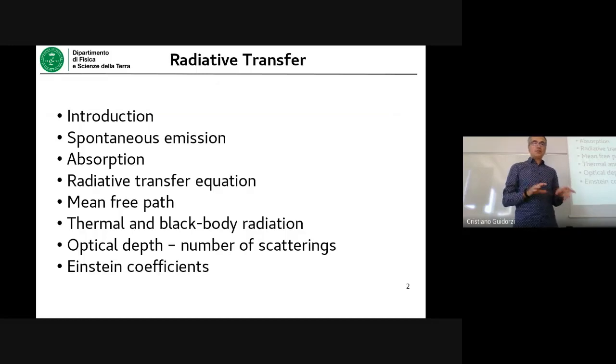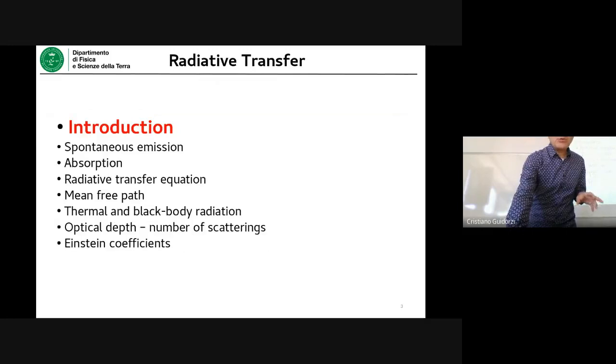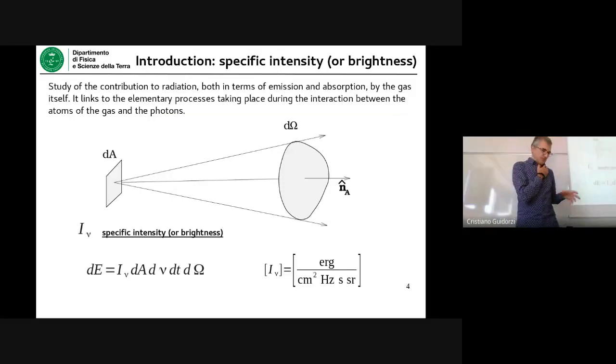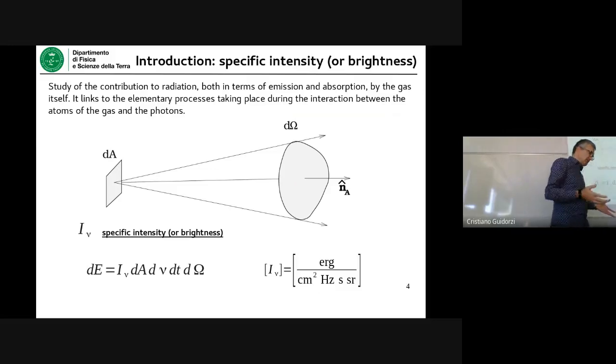And so a lot of topics, but essentially, just to give you an introduction of what radiative transfer is, studying radiative transfer means you are interested in understanding how a field of radiation, a radiation field, is affected by matter.